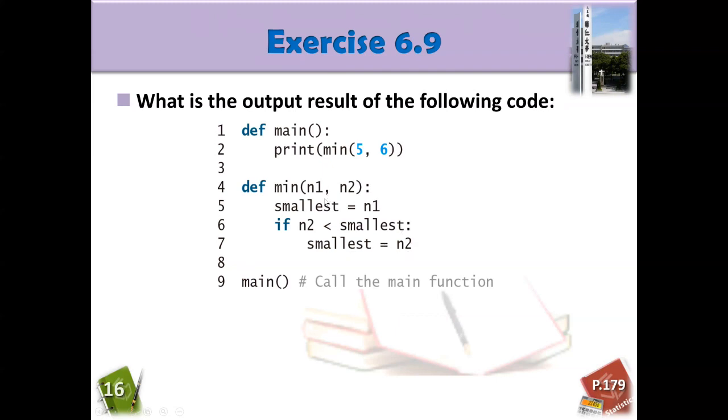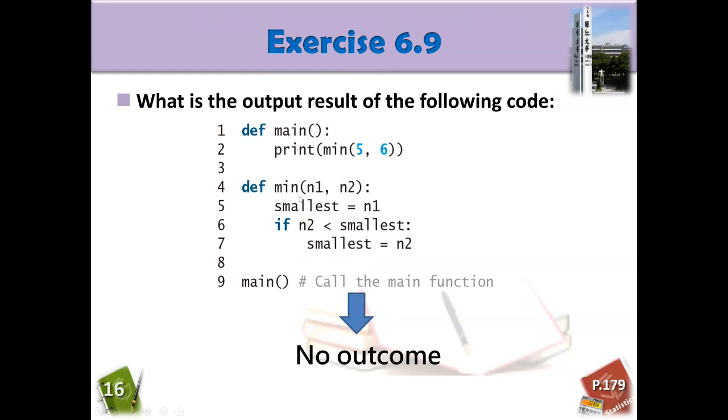So this function just finds who is the smallest. If you have two numbers, then we make one of them the default. If the other one is smaller than that, you can replace the value. So finally, what is the result? I think no outcome. Why? Because when we print this function, this function is without what?